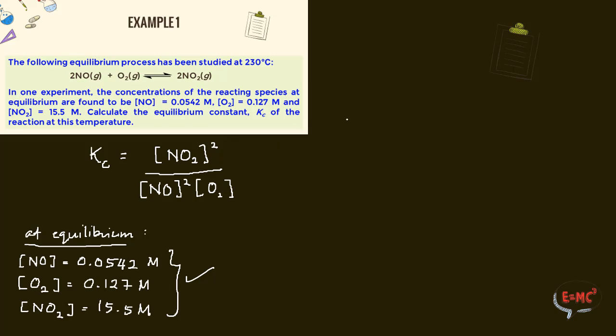Okay, so now Kc is equal to substitute. Okay, first tengok kat sini, ini adalah concentration of the product power of 2. Power of 2 datang daripada balance chemical equation. Alright? Okay. Baik, jadi kat sini kita akan gantikan dengan nilainya 15.5 power of 2 divide by, okay, look at the concentration of nitric oxide, one of the reactant.